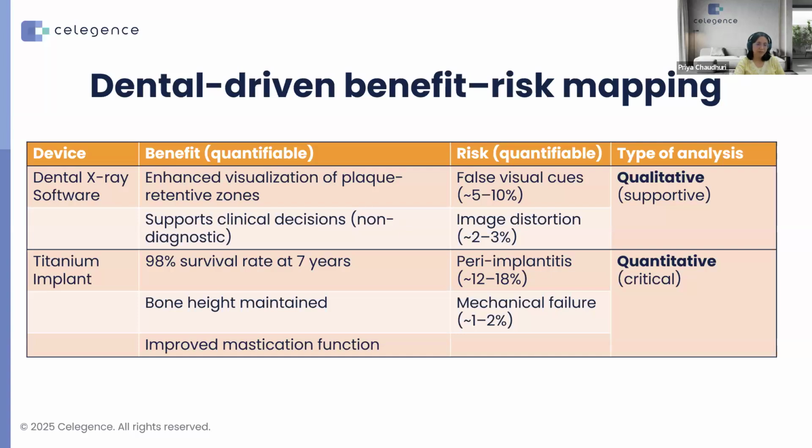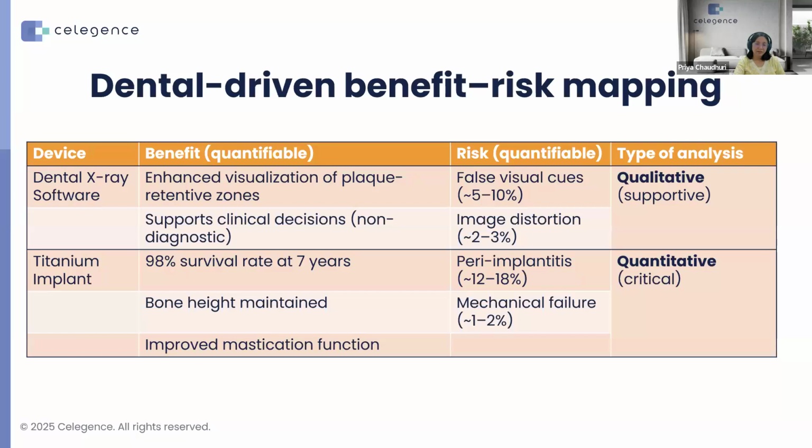However, this does not mean that the evidence is soft. For example, if 85% of clinicians confirm the improved visibility, we should be able to justify it, even if we gather qualitative data. And let's say the misinterpretation rates stay under 5%. That supports a solid benefit-risk conclusion.